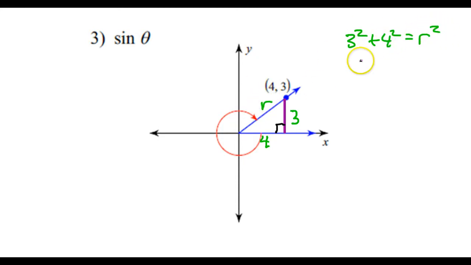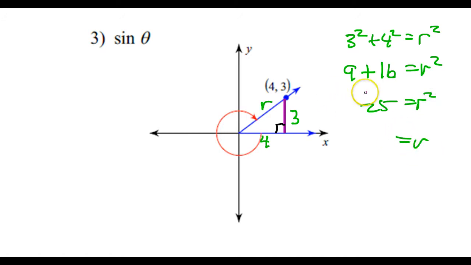And of course that means 9 plus 16, that's 25. Taking the square root of both sides, then the radius is 5. The hypotenuse is 5.